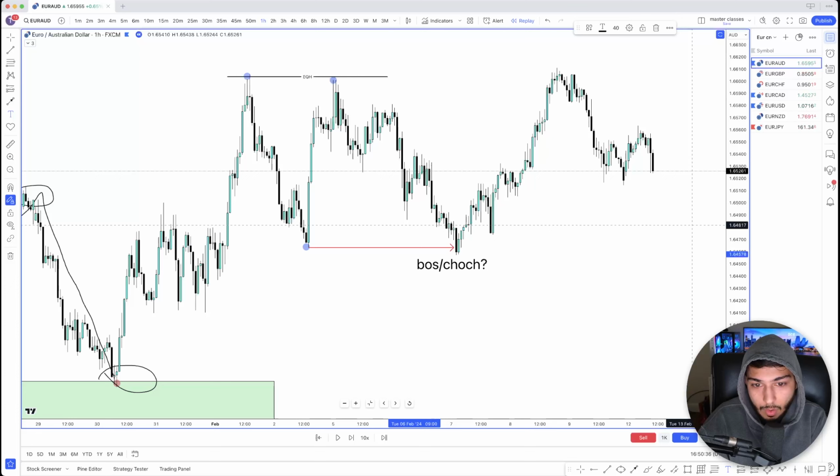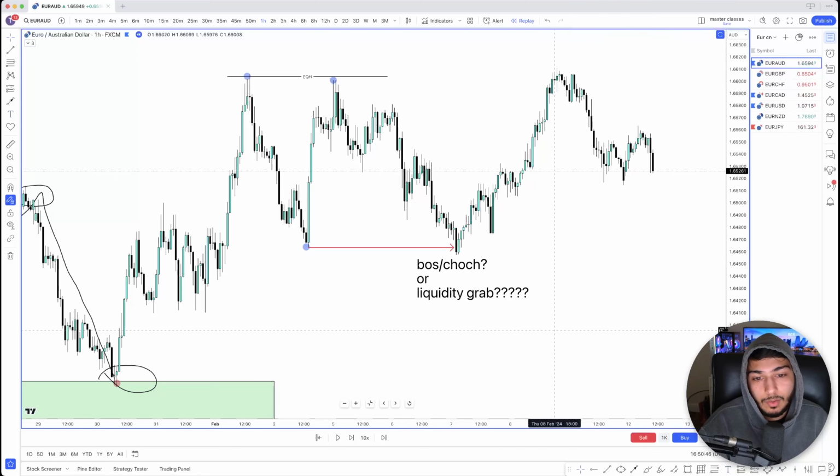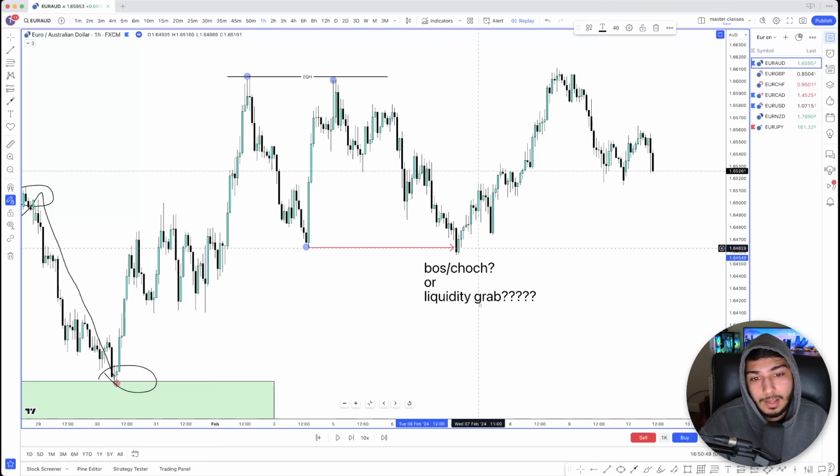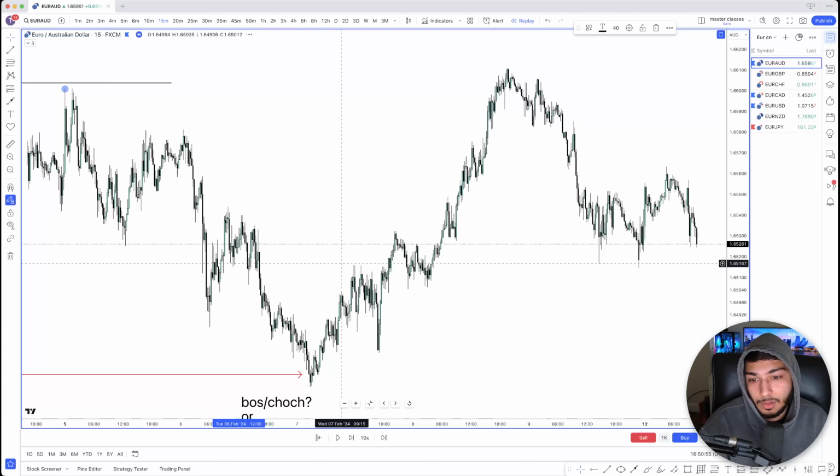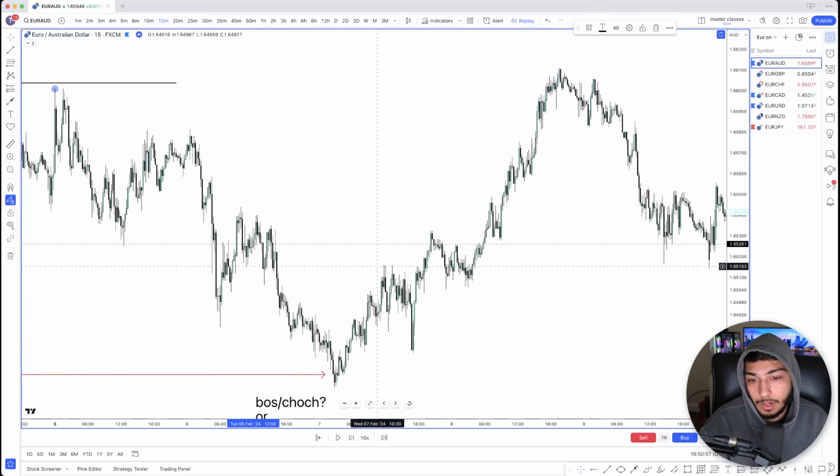Or is this a liquidity grab? Now, you might be saying, how am I even supposed to know this? That's where you dive into smaller time frames, micro time frames, things of that nature.